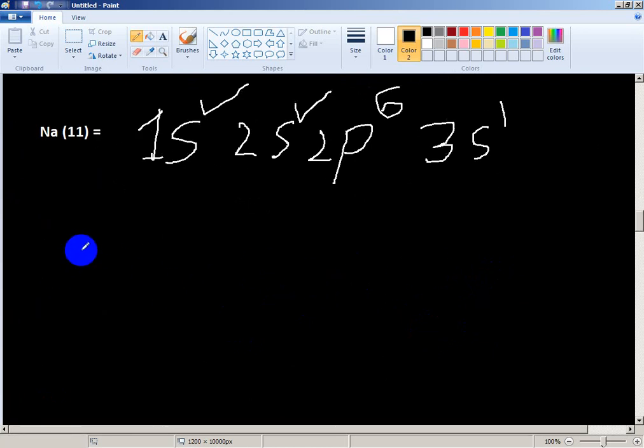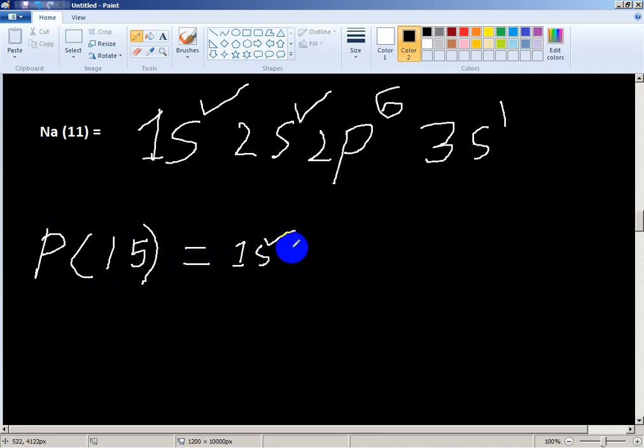Now I am writing the electronic configuration of magnesium. Now I am writing phosphorus. What is the electronic configuration of phosphorus? 1s2, 2s2, 2p6, then 3s2.